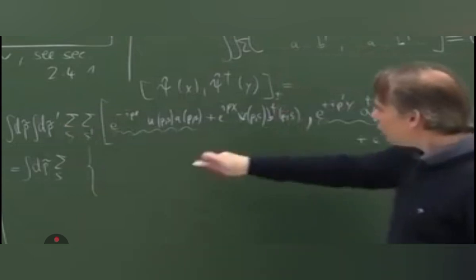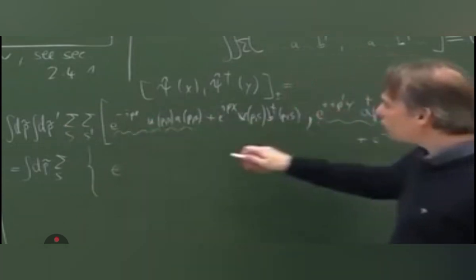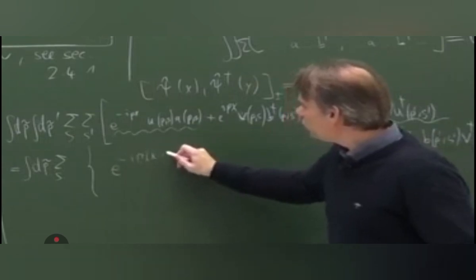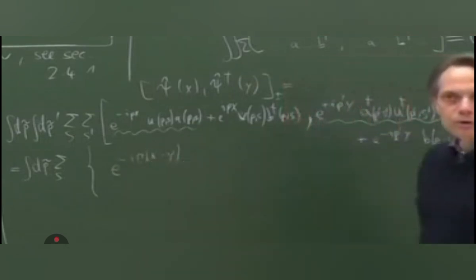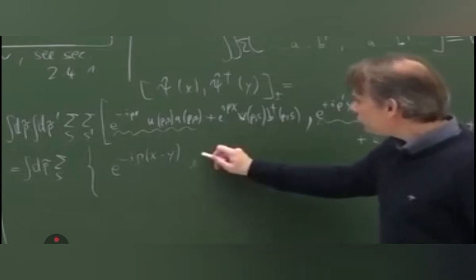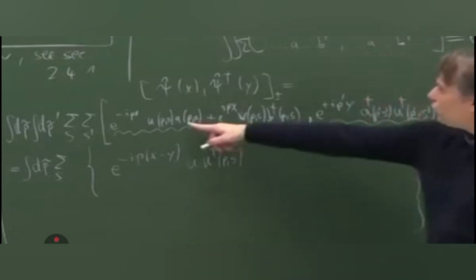Therefore we can write down the exponential function, p and p prime are now equal. So we have e to the minus I p x minus y simply in the exponent. Then we have u dagger, and both have the argument p s. And that's it. That's the result of the first commutator. Or did I miss any factors?